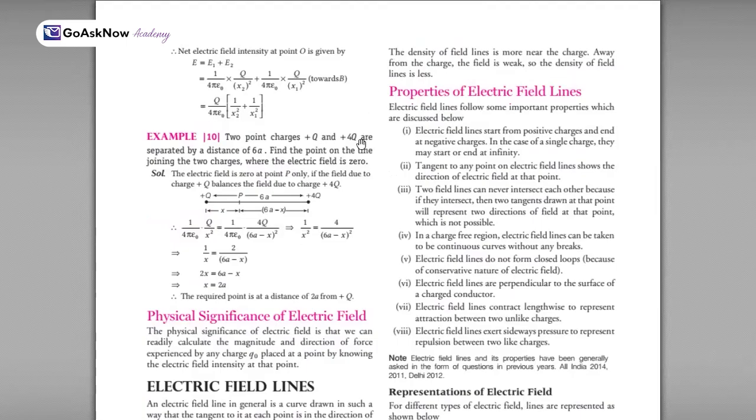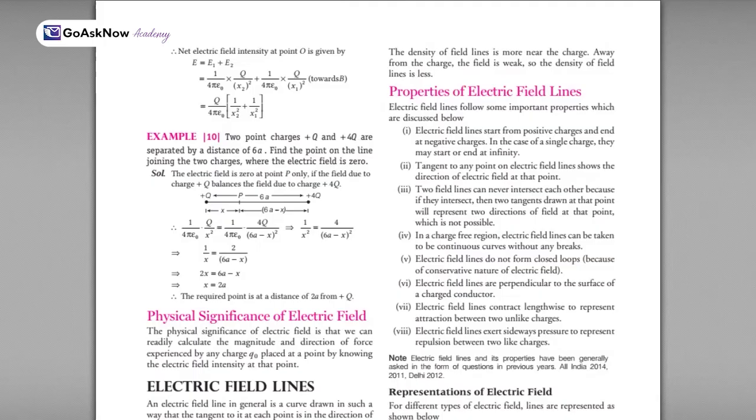Okay, so net electric field intensity at point O, that is origin, will be equal to E1 plus E2, because the directions of both the vectors E1 and E2 will be in the same direction. So we can straight away add them.